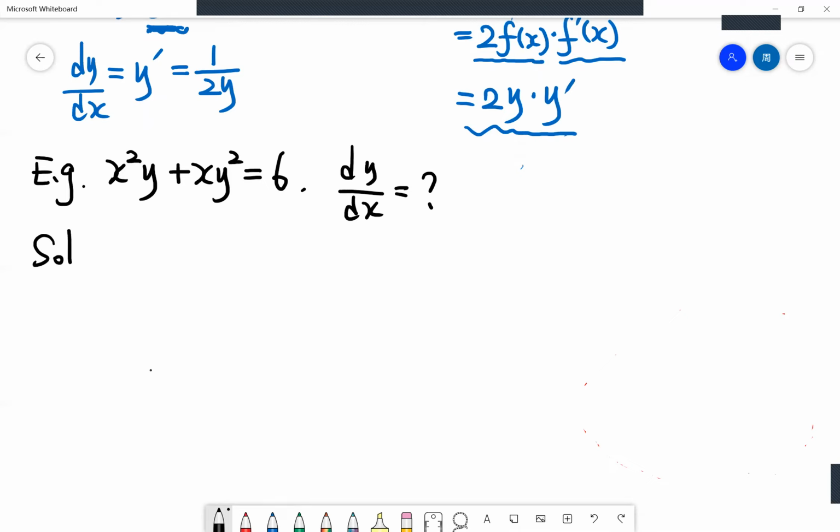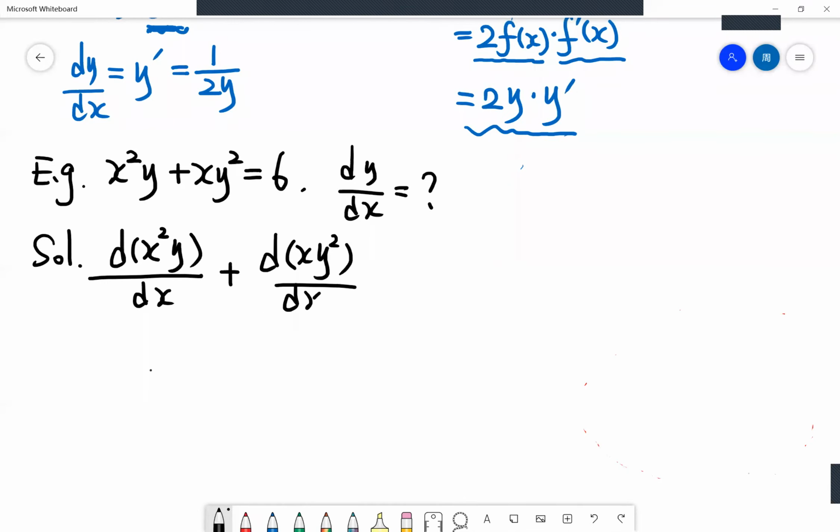So that is d of x squared y by dx, plus d of x y squared by dx, equals d of 6 by dx.